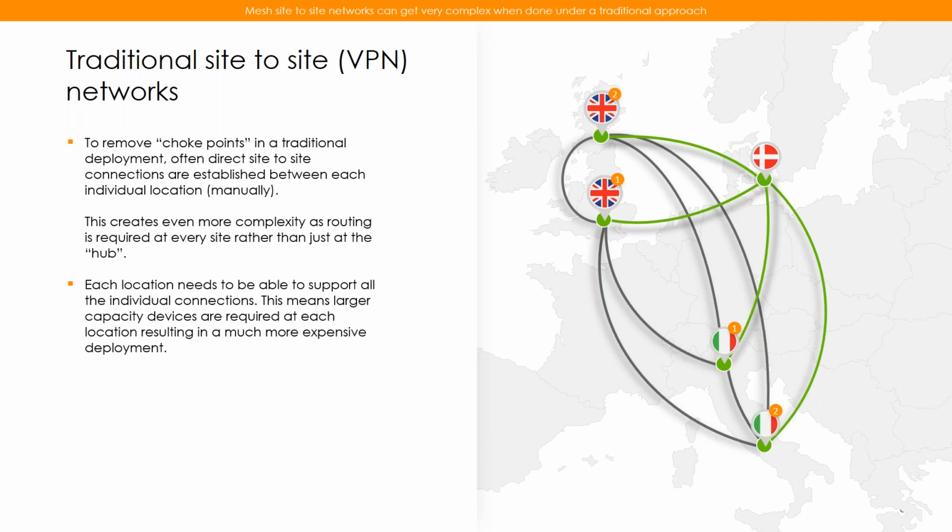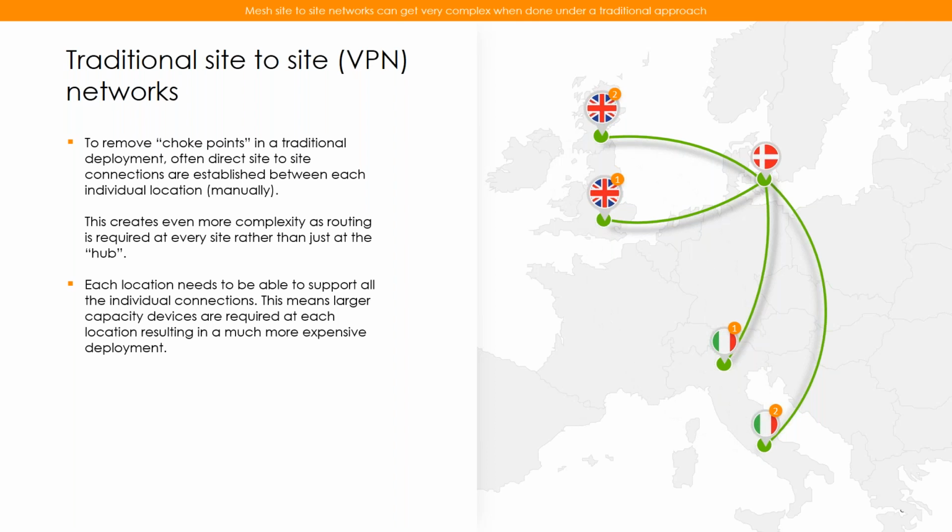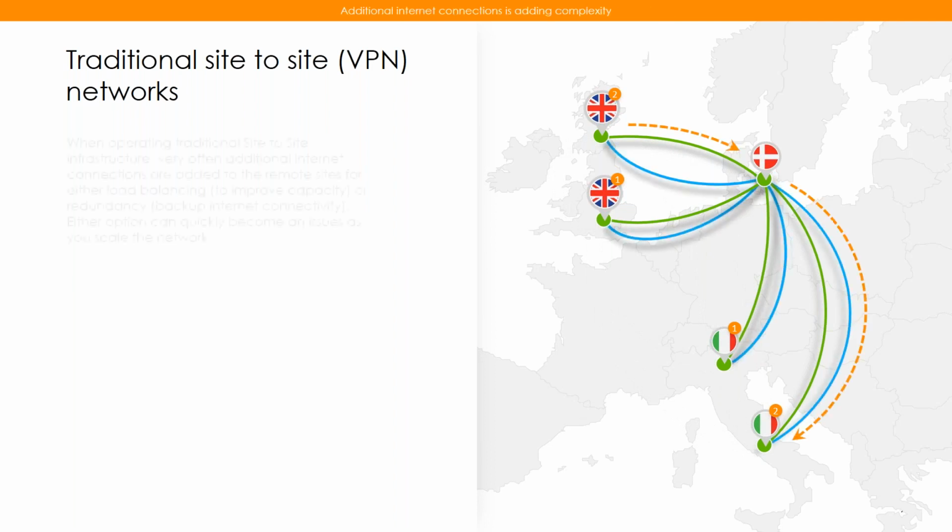So that's something we can put in, of course, but the complexity of this routing is getting more and more. So it's not only the connection you have to the head office or to the hub, the choke points, but also all the connections to all the different branch offices. So if we want to remove that, then we can create each individual line to each unit.